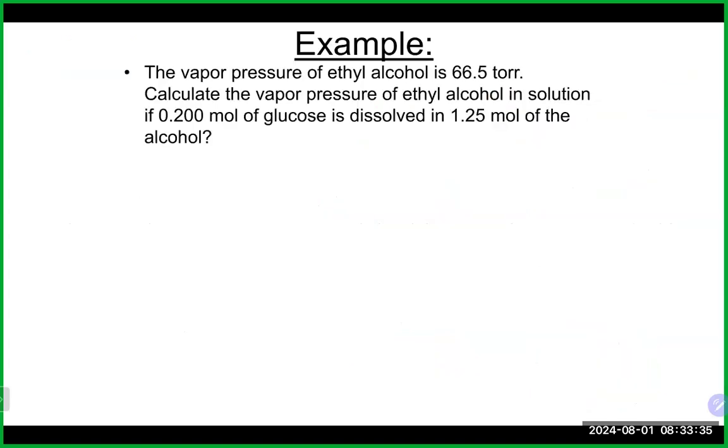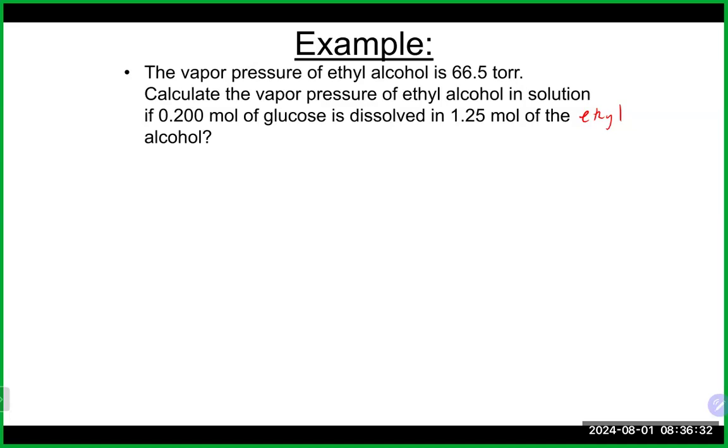So let's take a look at one here. Why don't you take a second and try it? The vapor pressure of ethyl alcohol is 66.5. Calculate the vapor pressure of ethyl alcohol in a solution that is made up of 0.2 moles of glucose dissolved in 1.25 moles of the ethyl alcohol. Okay, so let's take a look.